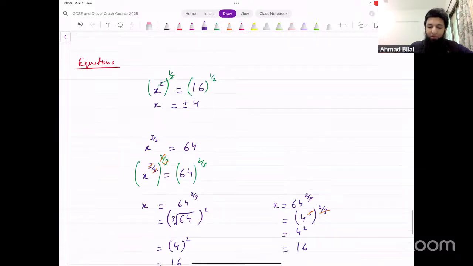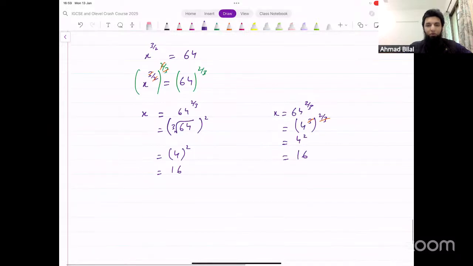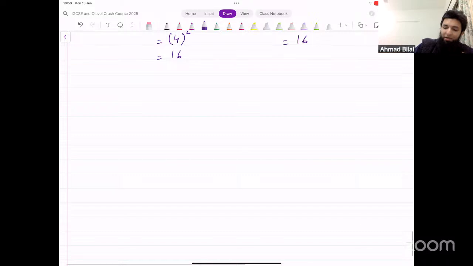When you take square roots in equations, you have to put plus minus. When you take cube roots in equations, you do not have to put plus minus. Let me write that down here.